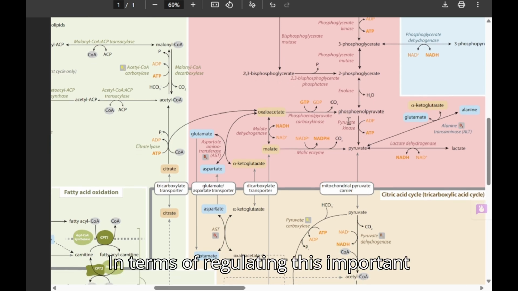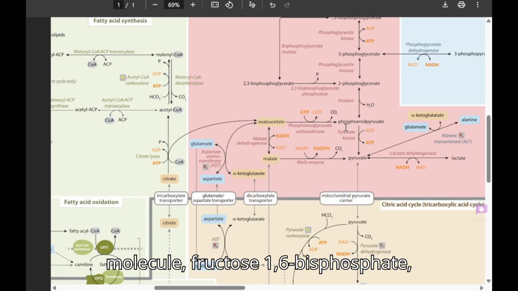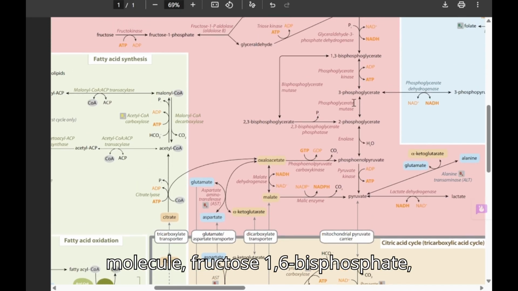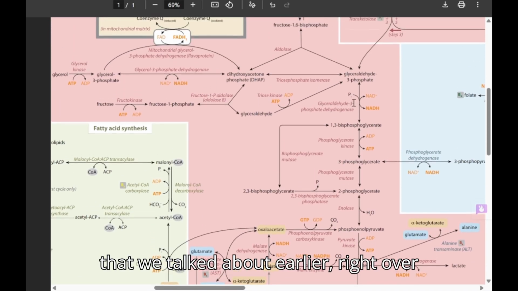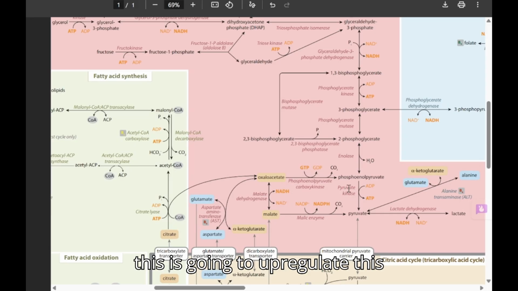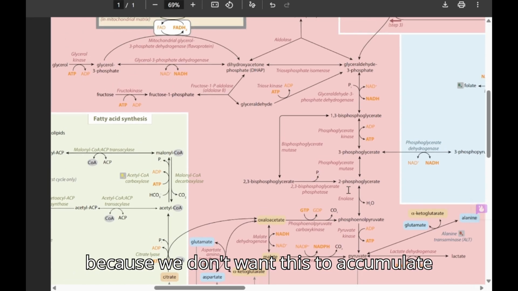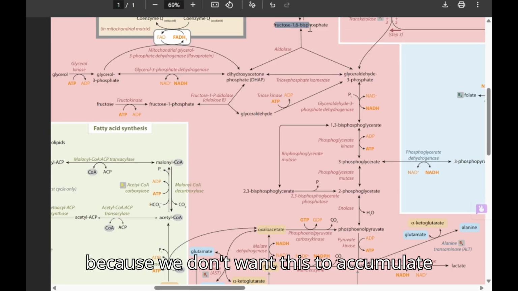In terms of regulating this important step, this step is activated by the molecule fructose 1,6-bisphosphate that we talked about earlier, right over here. So the accumulation of this is going to upregulate the pyruvate kinase enzyme, which makes sense because we don't want this to accumulate too much.